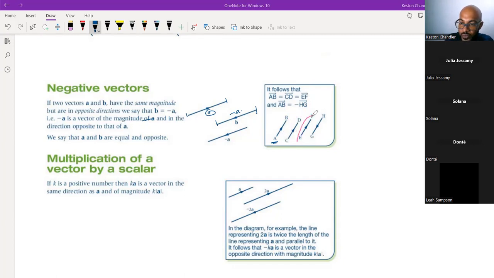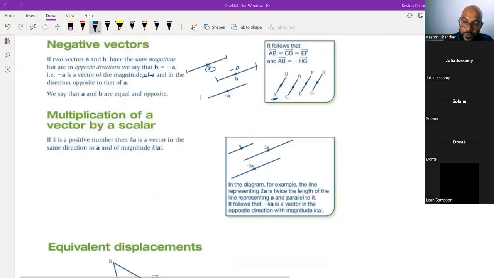So is this one too. These three, all same length, same direction. HG, however, same length but opposite direction, right? So AG, we could say, is negative AB. It's the same thing as negative AB. It has the same magnitude but opposite direction. Does that make sense to everybody? Yes, sir. Yeah, all right.